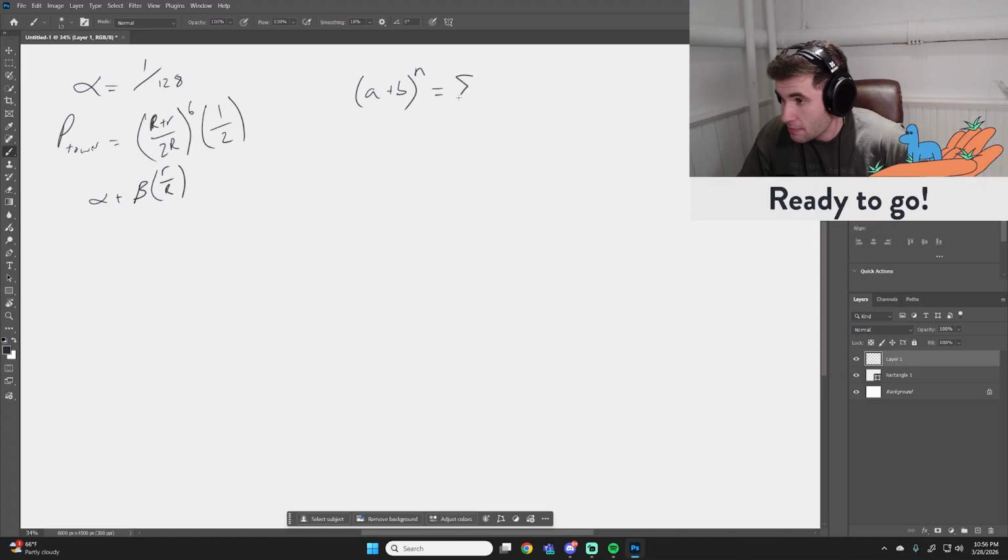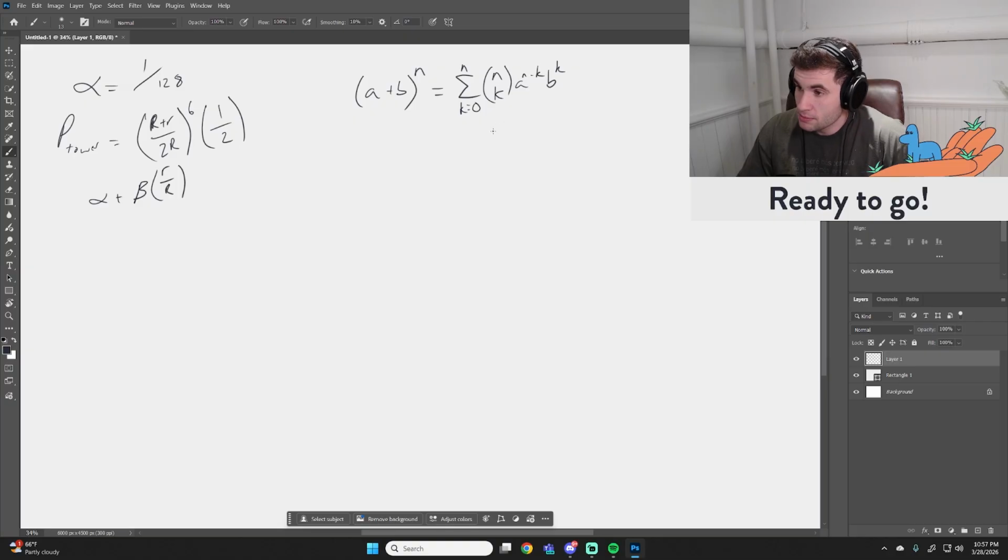It is the sum, I'm trying to make sure I remember this, the sum from k equals 0 to n of n choose k times a to the n minus k times b to the k.